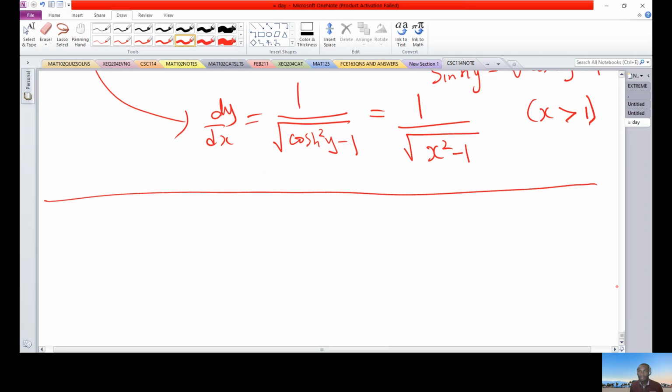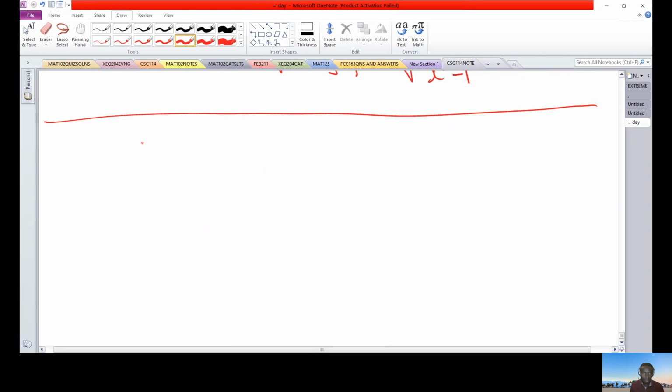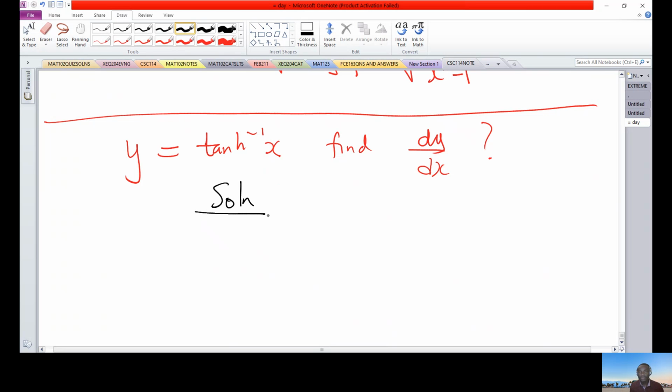And then let's do it for the tan. So given that y is given by the inverse of hyperbolic tan of x, find dy/dx. Also, what you do, you change the function to be just in terms of the normal hyperbolic function, not the inverse.